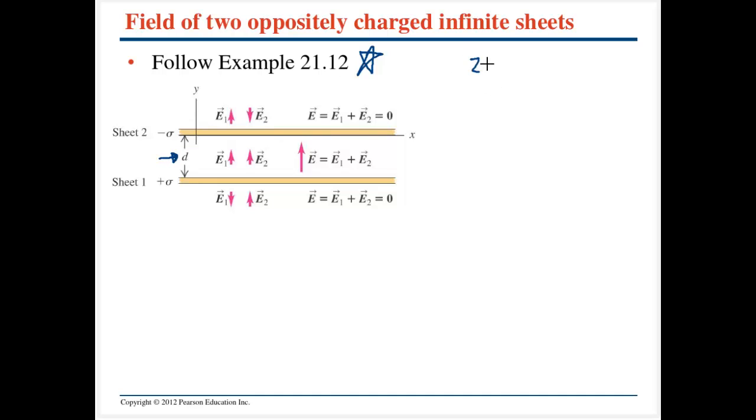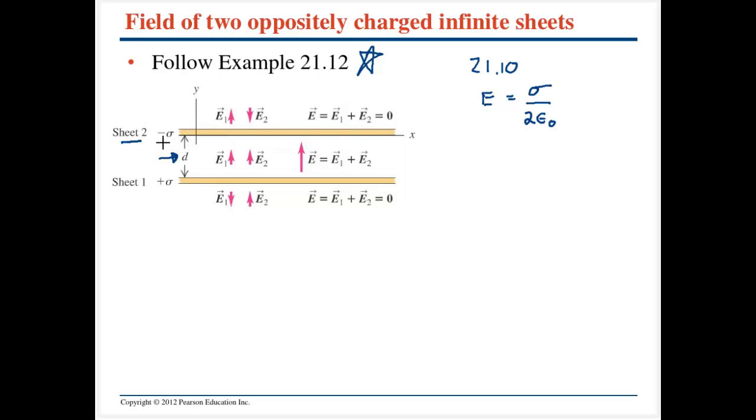We know from example 21.10, two examples ago, that we could write that the electric field from an infinitely charged sheet is going to be equal to its charge density divided by twice the permeability of free space. What we can now do is say, let me take a look at this sheet right here.